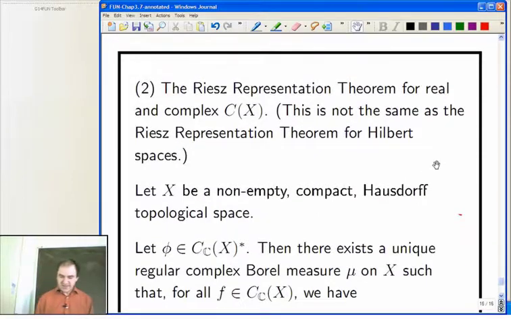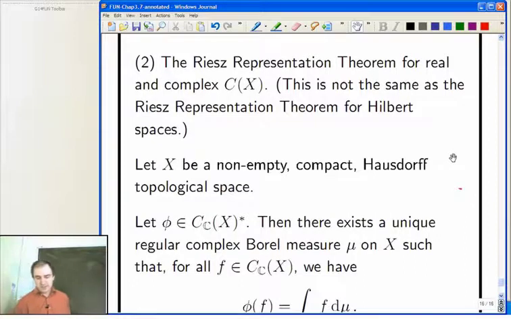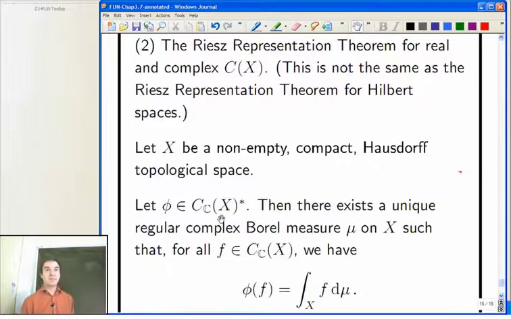Then there's the Riesz representation theorem. Not the same as the Riesz-Fischer theorem for Hilbert spaces. This Riesz representation theorem is about the dual space of the continuous functions. Here, continuous complex valued functions on X. Every bounded linear functional on the continuous complex valued functions is given by integration against some measure.